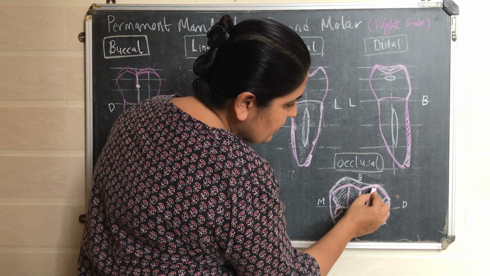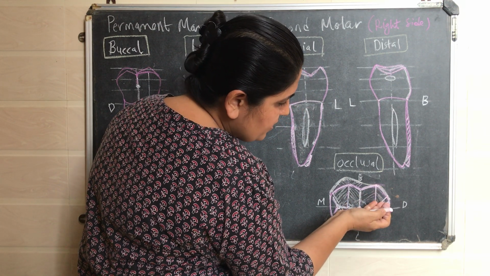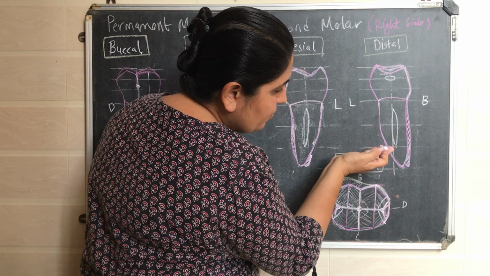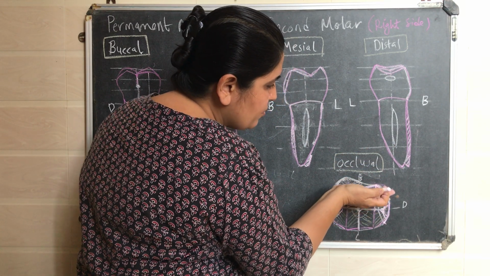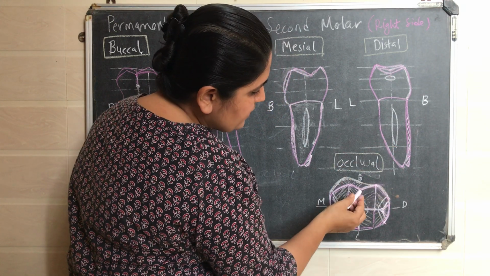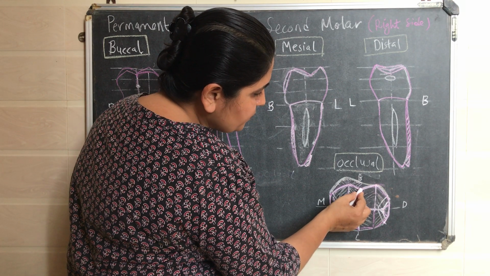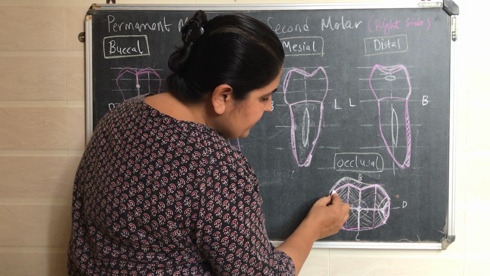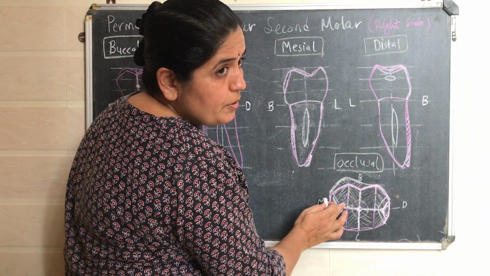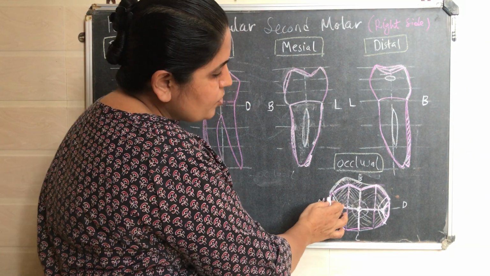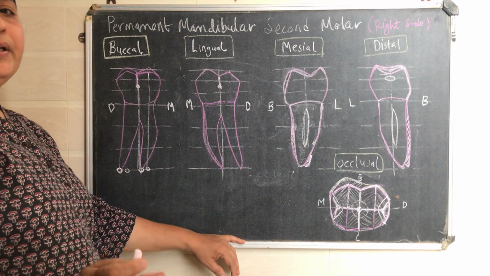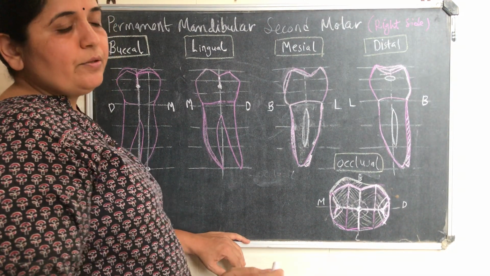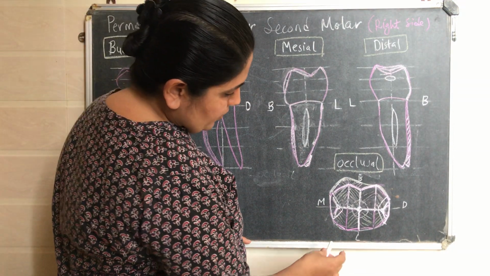The mesial and distal cuspal ridges of the distobuccal cusp are placed more buccally as compared to the mesial and distal cuspal ridges of the mesiobuccal cusp, right? So that is an important difference between the first molar and the second molar.